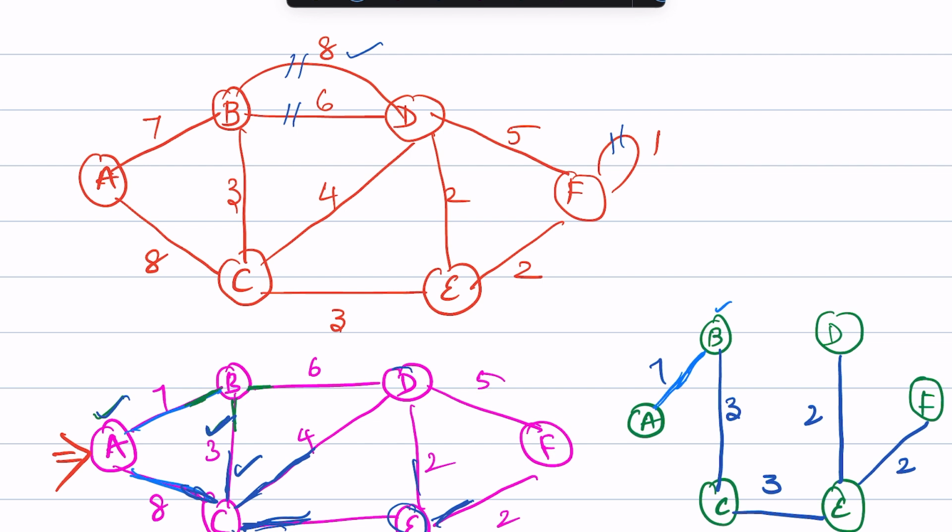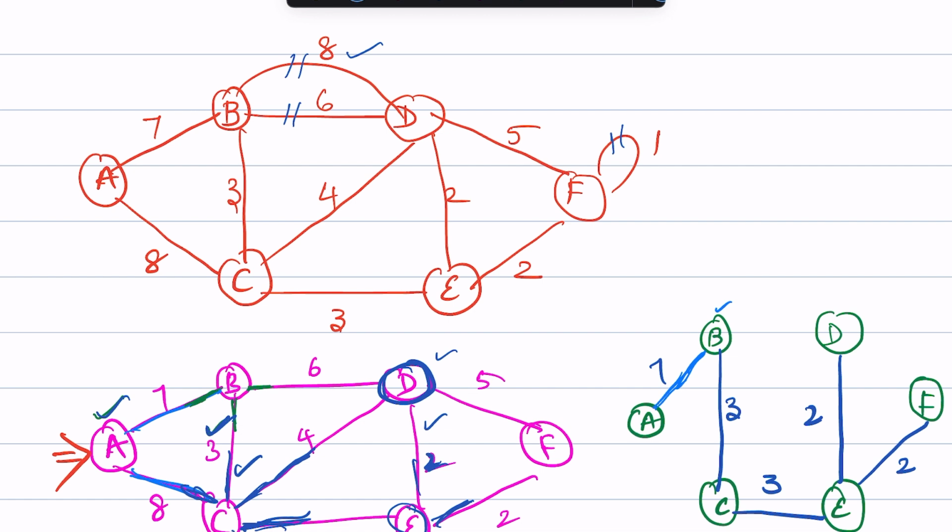Now just analyze with D. With D, there are 4 edges and only 2 is the minimum. So this is the only way, only the minimum edge. So this is the final minimum spanning tree for this graph. So how do we find the total cost?